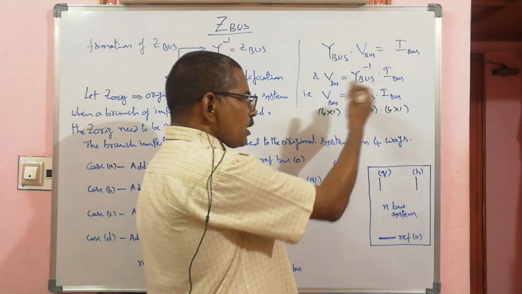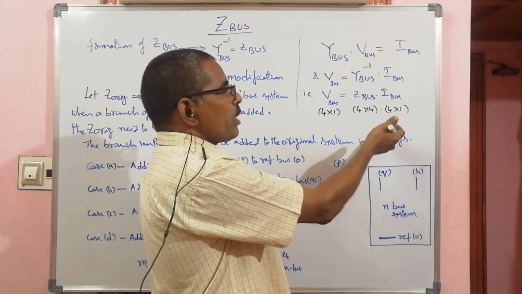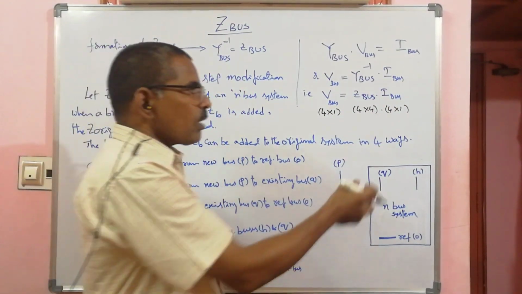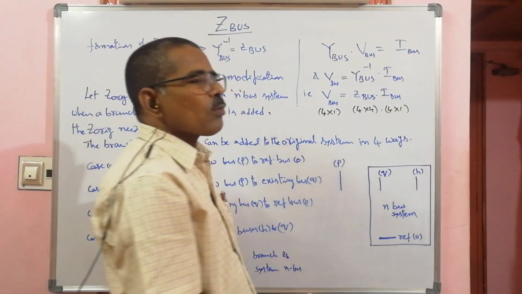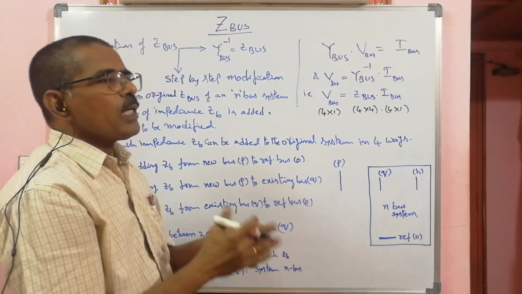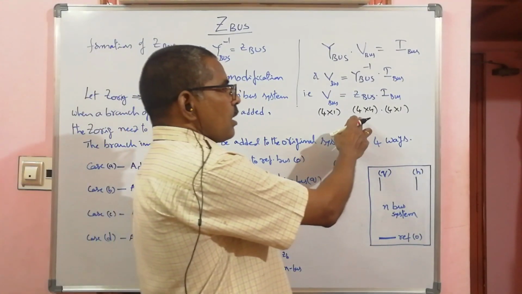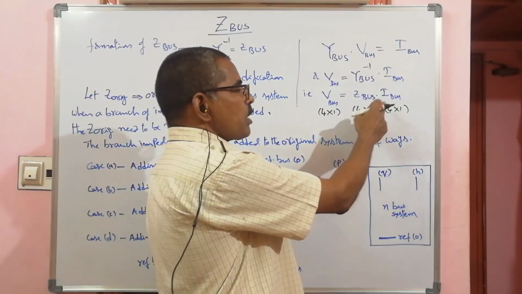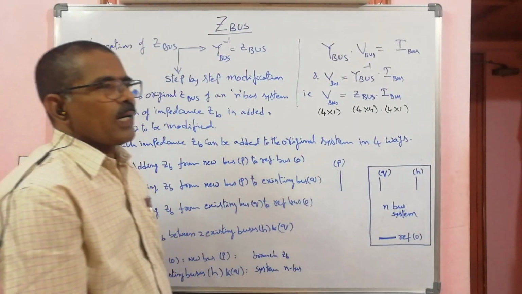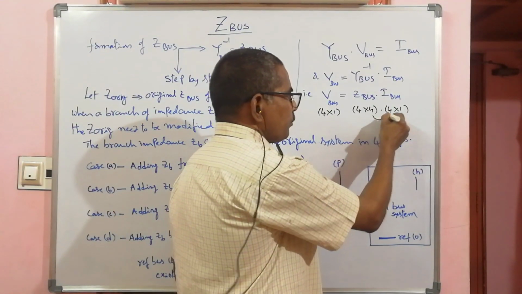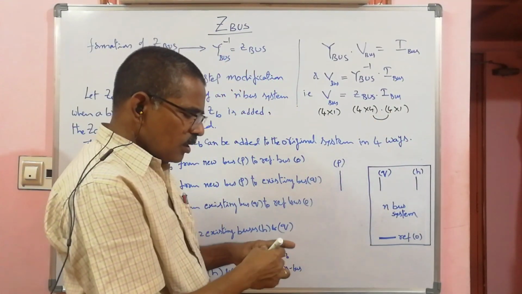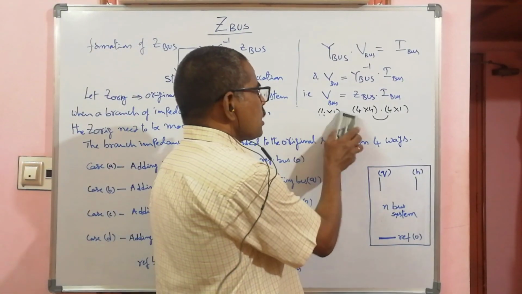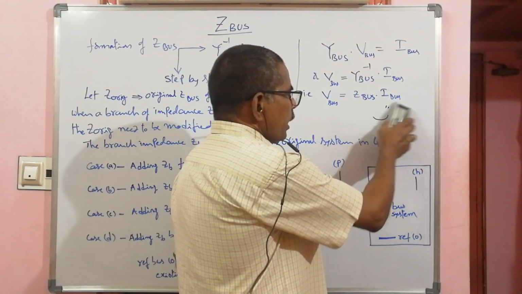If you try to do this the other way, that means I bus into Z bus, it is not valid. You cannot multiply 4 by 1 with 4 by 4, is it not? For any multiplication, the column size of the first matrix must match the rows of the second matrix. So be very clear with this concept when we deal with matrices.